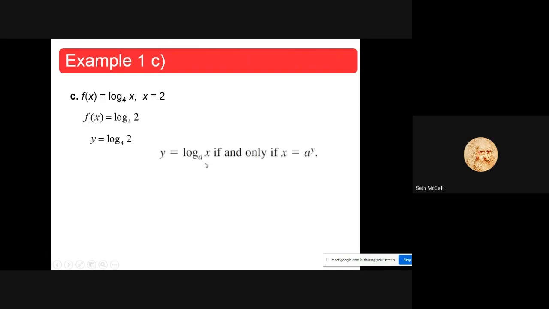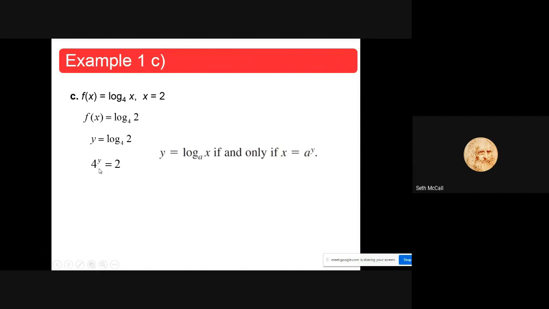We're going to use the same property as the previous two examples, and we're going to take it from logarithmic form to exponential form. Again, notice the base is 4, so that it will become the base of our exponent, and it's going to be 4 to the y equals 2.